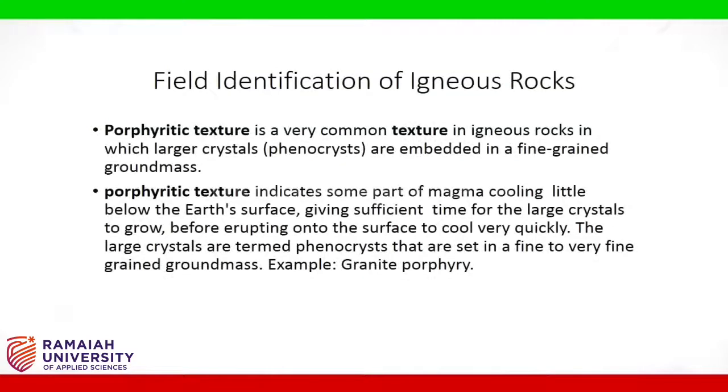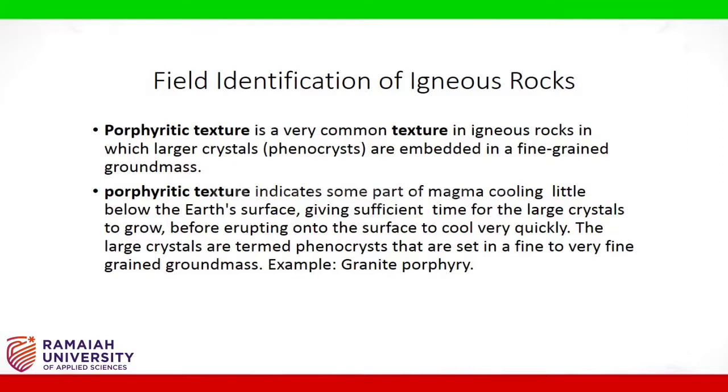Porphyritic texture is a very common texture in igneous rocks in which large crystals, phenocrysts, are embedded in a fine-grained groundmass. Porphyritic texture indicates some part of the magma cooling a little below the Earth's surface, giving sufficient time for the large crystals to grow before erupting onto the surface to cool very quickly.